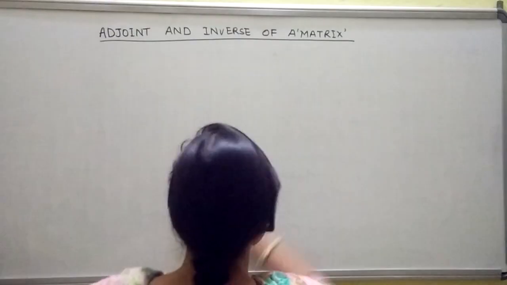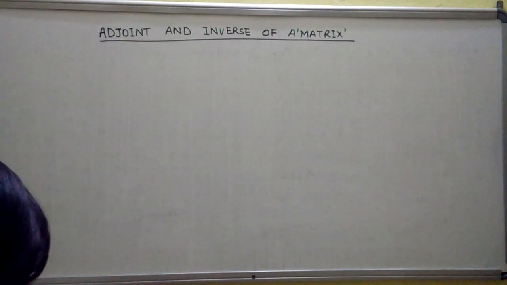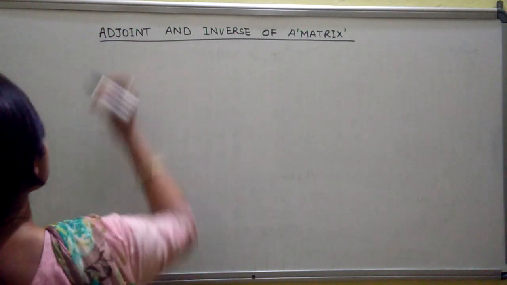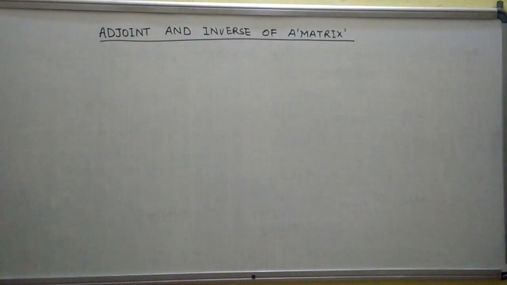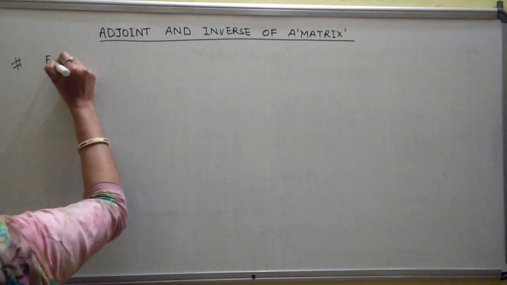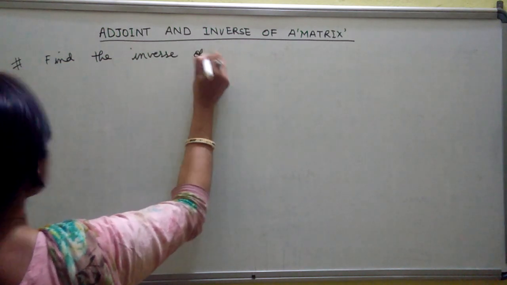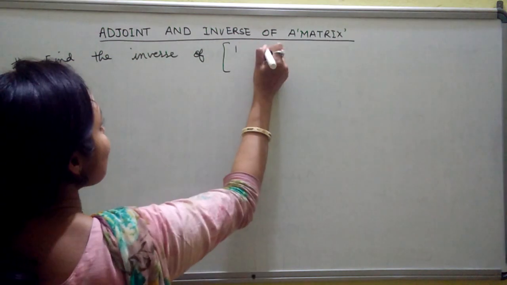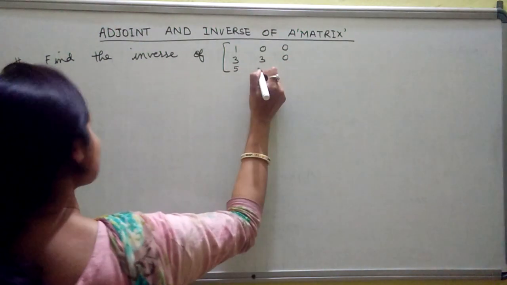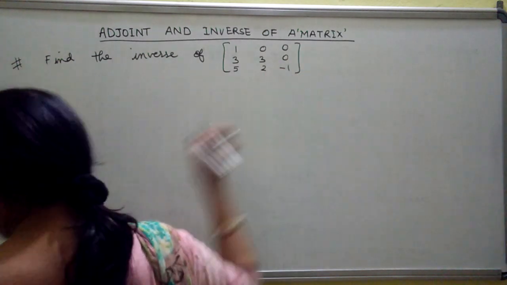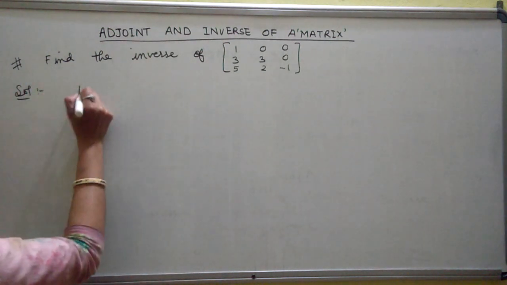Find the inverse of the matrix: 1, 3, 3; 0, 3, 5... (rows as given: 1 0 0; 3 3 0; 5 -2 ... ) This is the question of your NCERT book. Find the inverse.